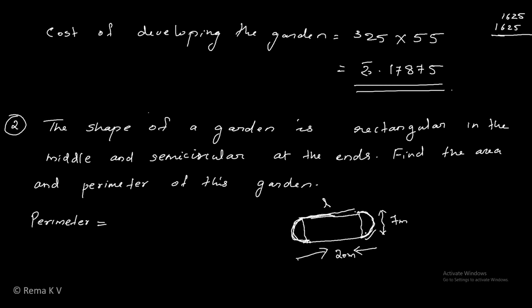And what is the perimeter of this semicircle here? Only this part. If it is a circle, what is the perimeter?